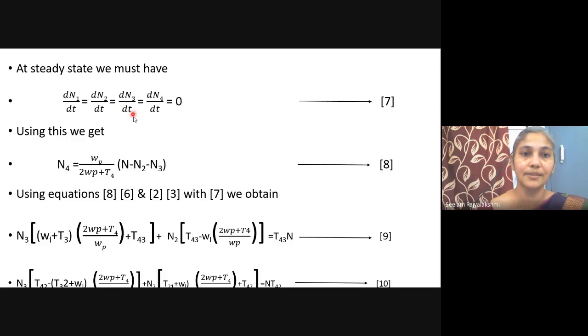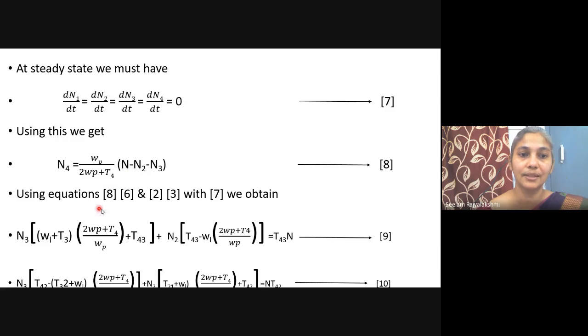So using this equation, we will obtain N4. By keeping dN4 by dt equal to 0, we obtain the number of atoms present in level 4, which is equal to omega p by (2 omega p plus T4) times (N minus N2 minus N3).